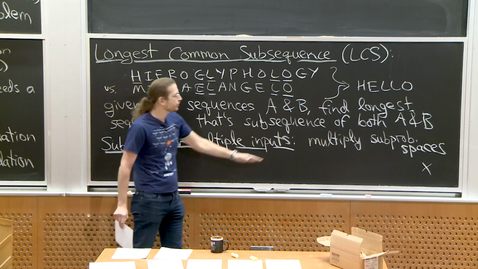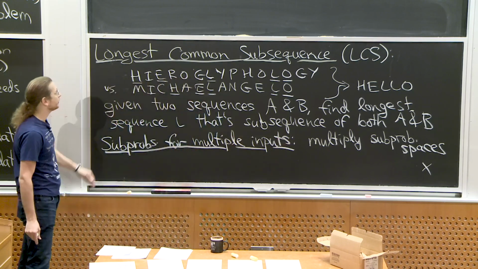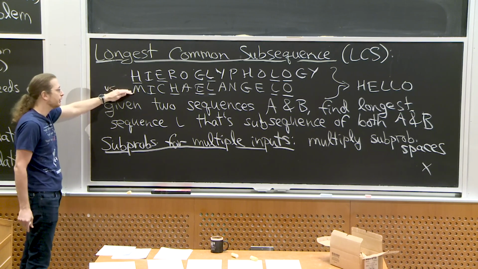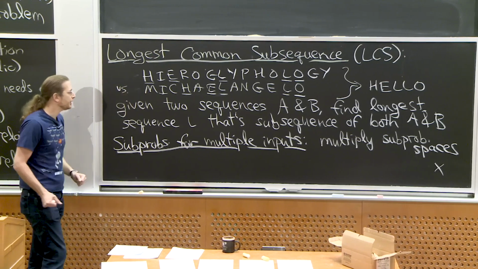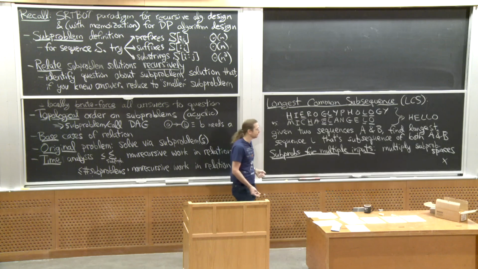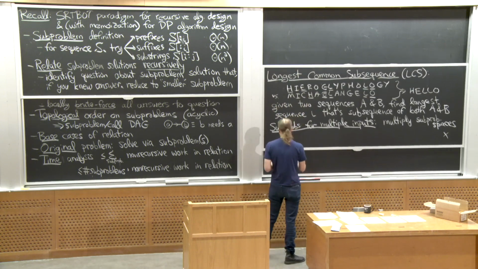Then I want to multiply these spaces, meaning the number of subproblems is going to be the product of the number of suffixes here times the number of suffixes here. In other words, every subproblem in LCS is going to be a pair of suffixes. So let me write that down.